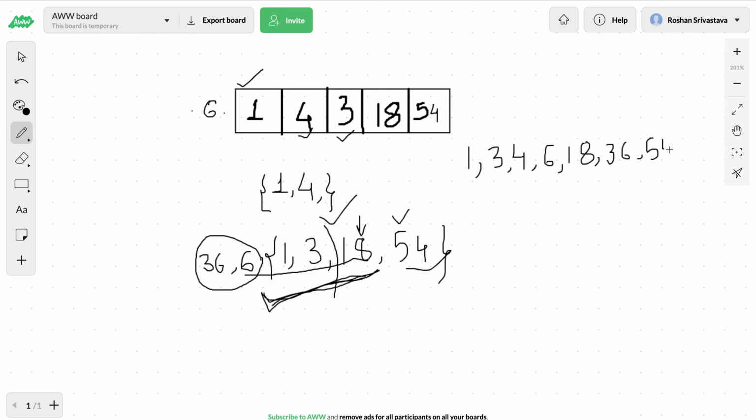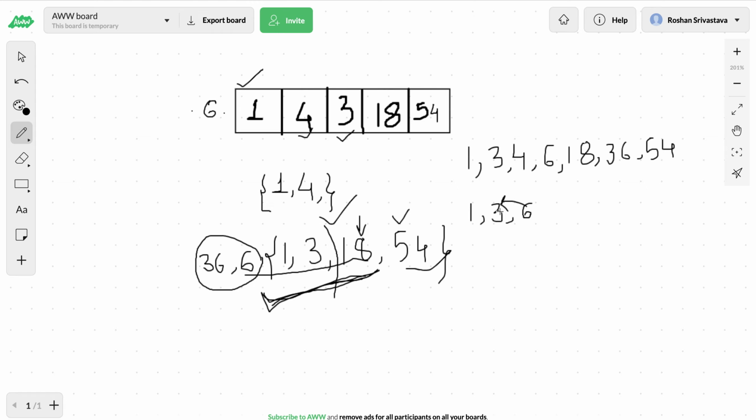All right, so in this case, let's say for example we are only talking about this subset that we were generating. So we had 1, 3, and we are going to check for 6. So we will only check the previous element that was included into the subset, whether 6 is divisible by it or not.